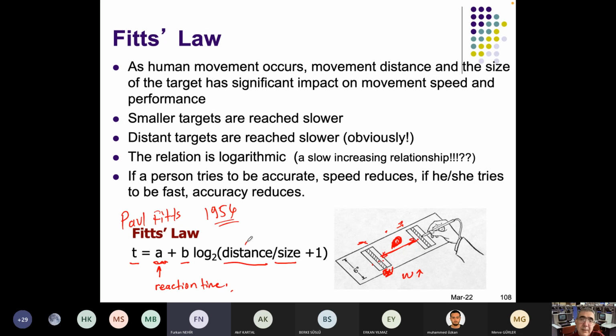So if the size is bigger, time is shorter. If the distance is bigger, time is longer, but on a logarithmic scale. So it has more effect when they are small. It has less effect when they are big.